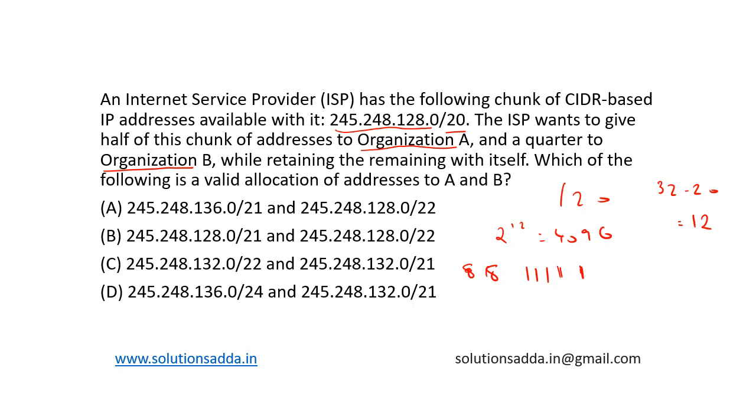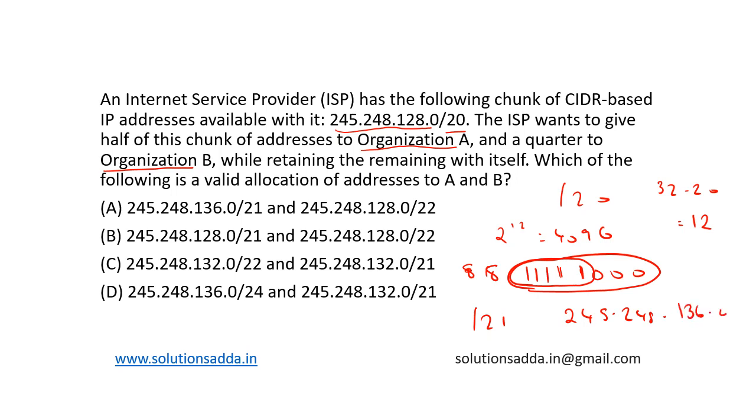So this is given to organization A. This means that now the address will be looking like this: 128 plus these bits. So we will be having /21 here. Also the address will be 245.248.128, and with this we will get 136.0/21. So this can be a potential candidate as answer.